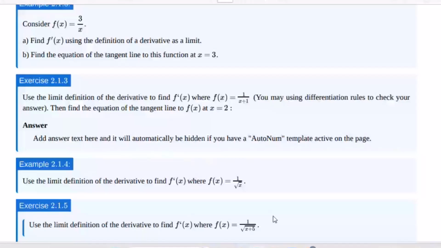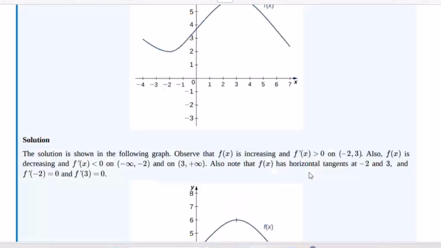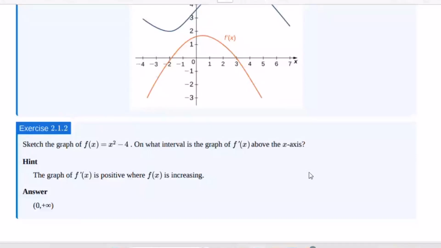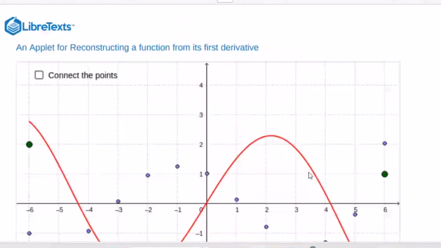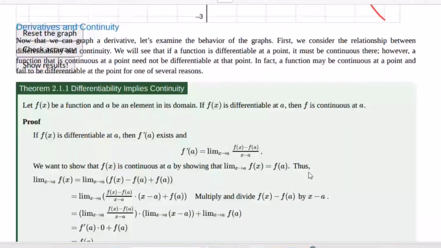Okay, now where are we going? From here, there is this theorem that I need to talk to you about. Theorem 2.1.1. Where is it? Next page. Should be here. Okay. Differentiability implies continuity is what this theorem is saying.